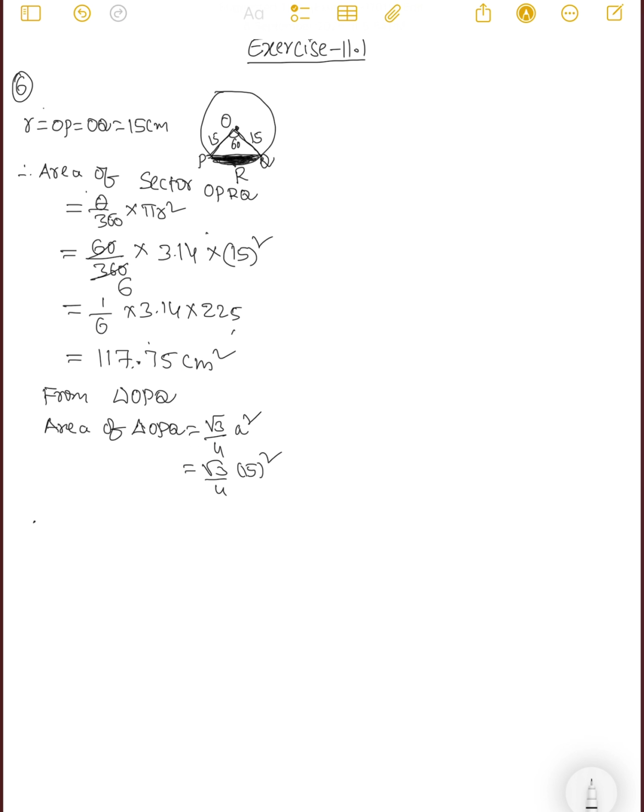Now we find the area of the minor segment.